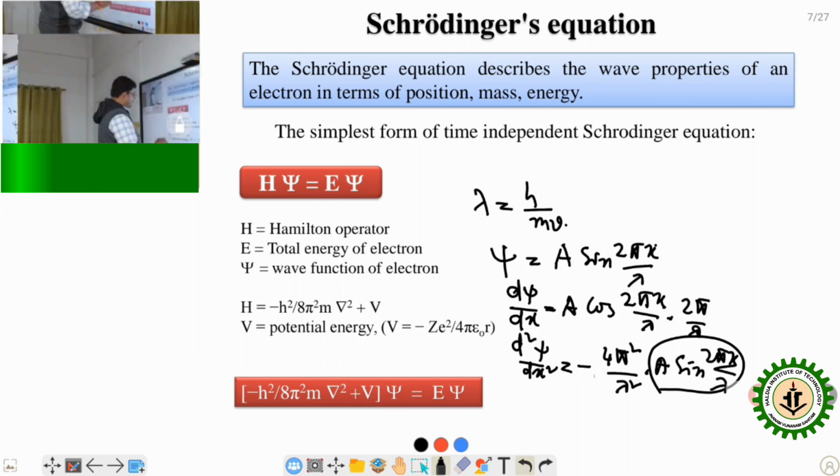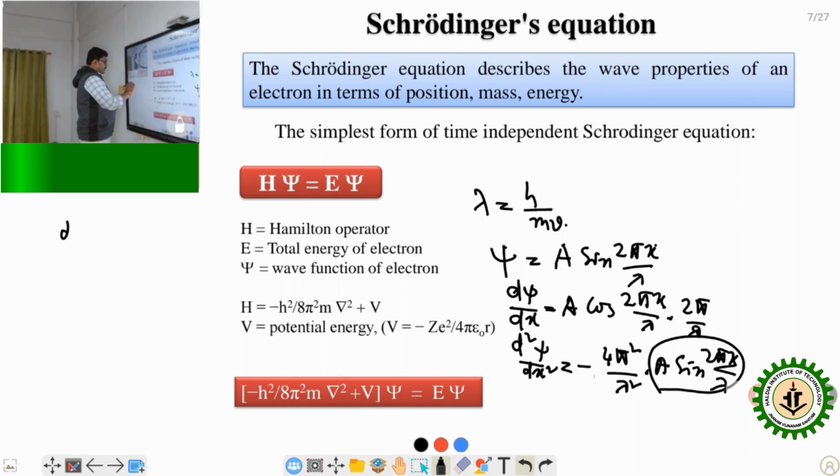So I can write the equation d²ψ/dx² is equal to minus 4π²/λ² into ψ.